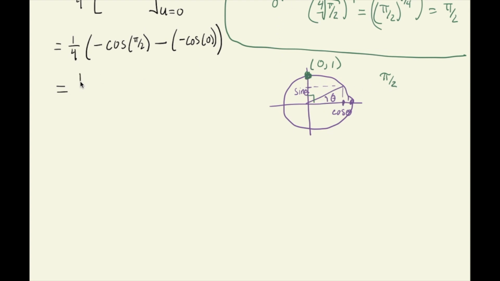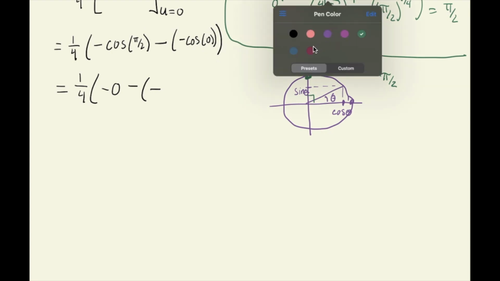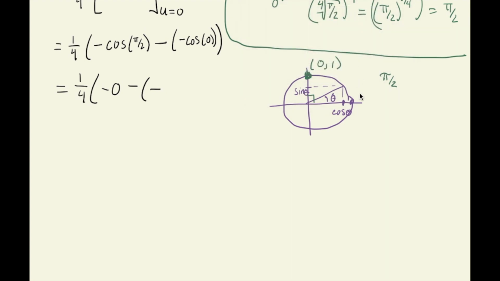So this is 1 over 4 times 0 minus negative... what is cosine of 0? Let me use a different color here. For the angle theta equals 0, you have this point right here.